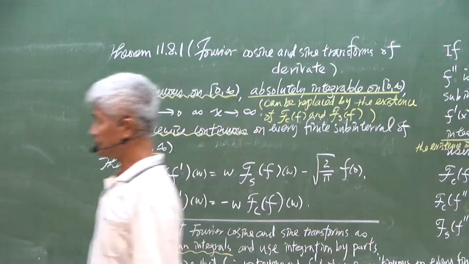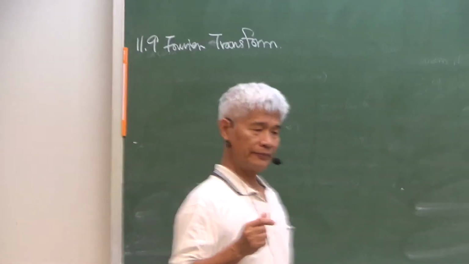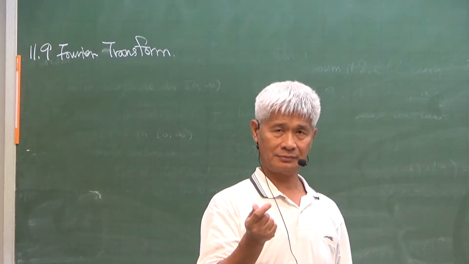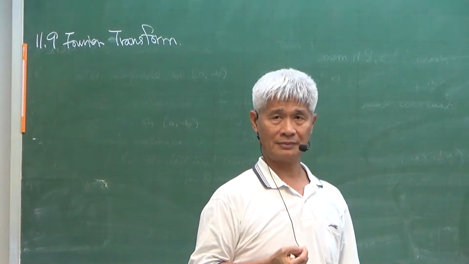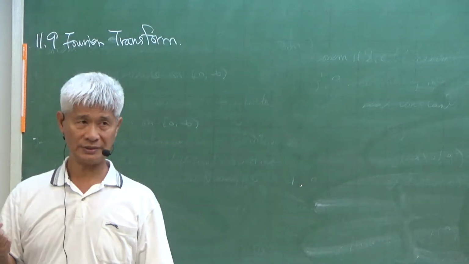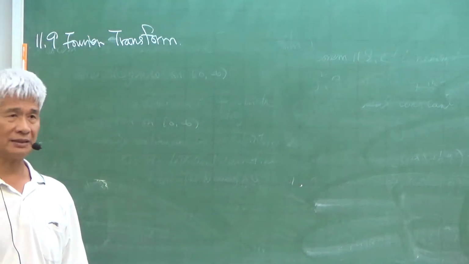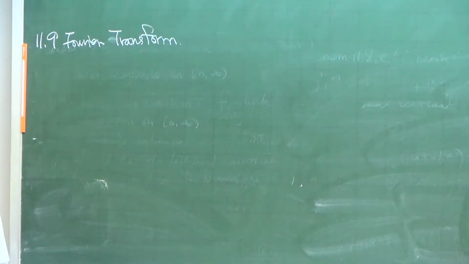So it is tempting to ask, can we combine the Fourier cosine transform and sine transform together, and end up with a very nice transformation, where the properties are very symmetric and smooth?